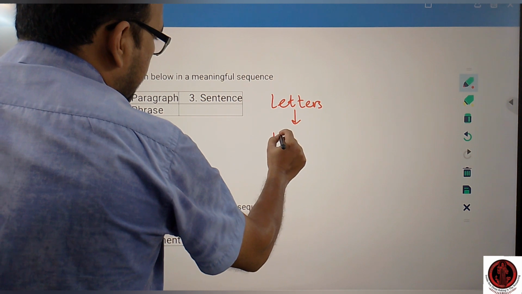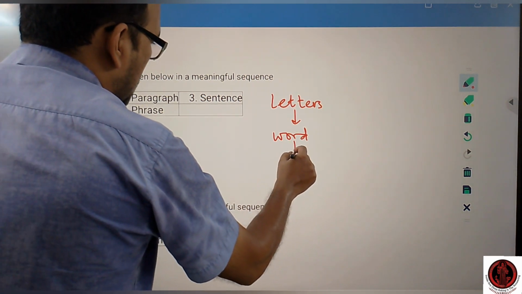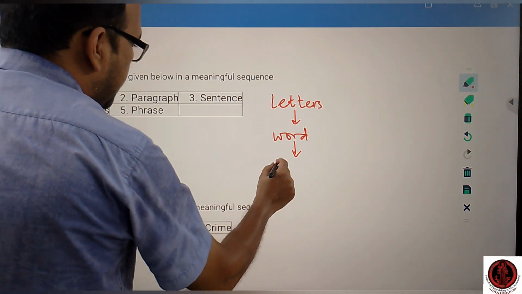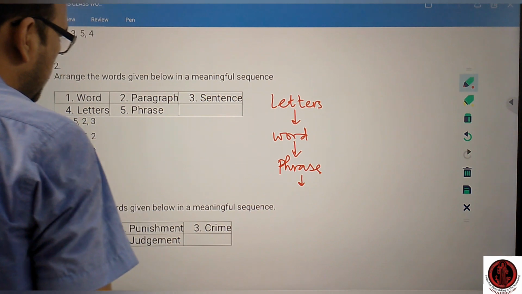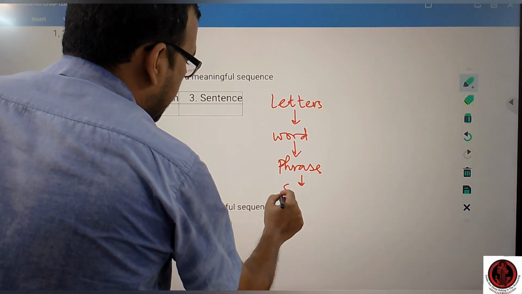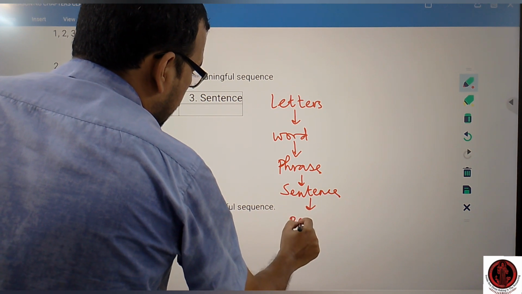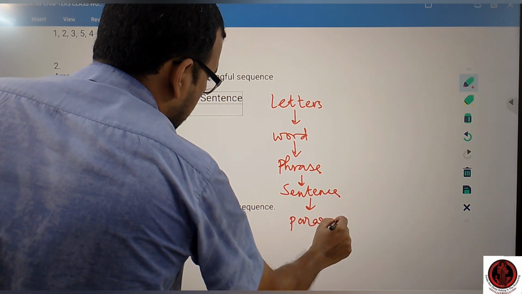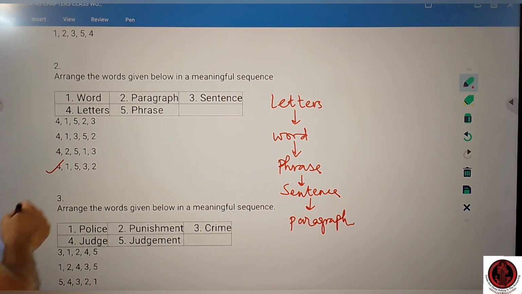Group of letters means word. Group of words means phrase. Group of phrases means sentence. Group of sentences means paragraph. So the answer is this one.